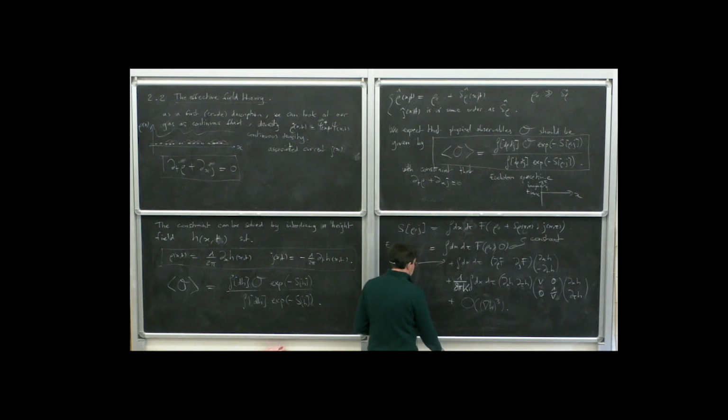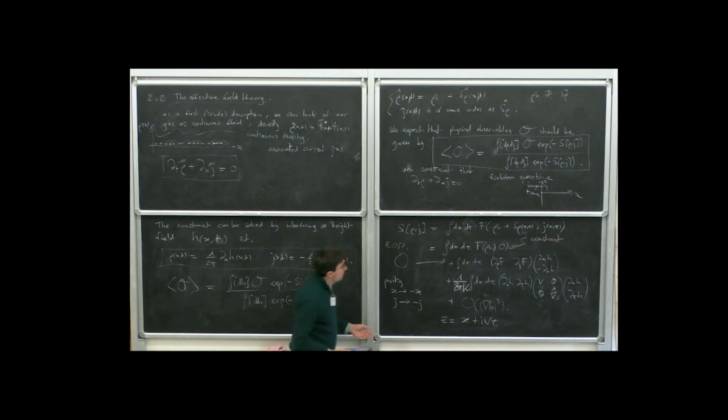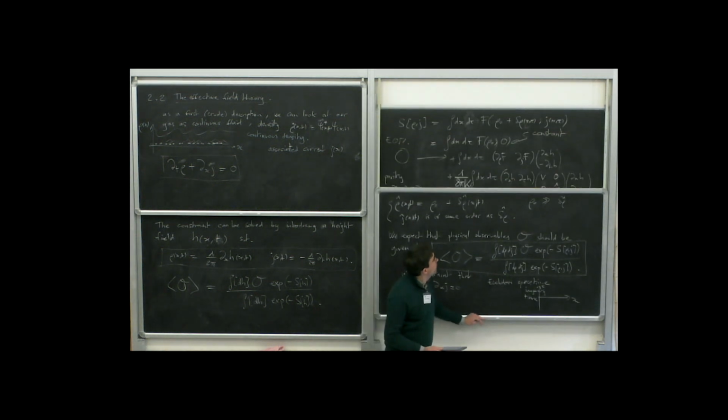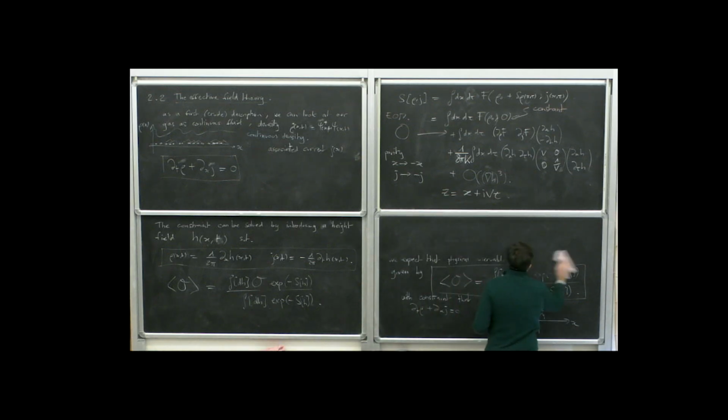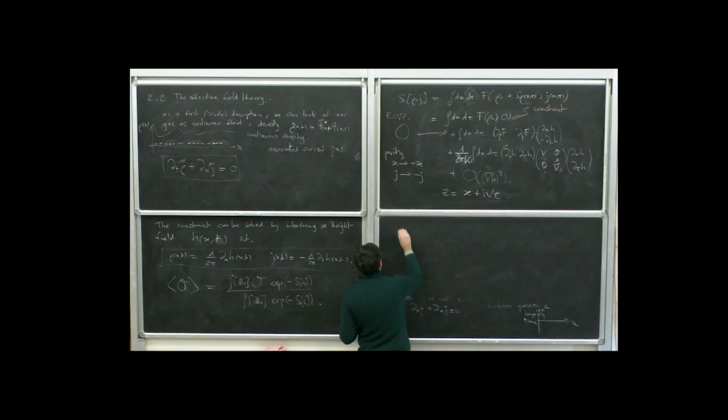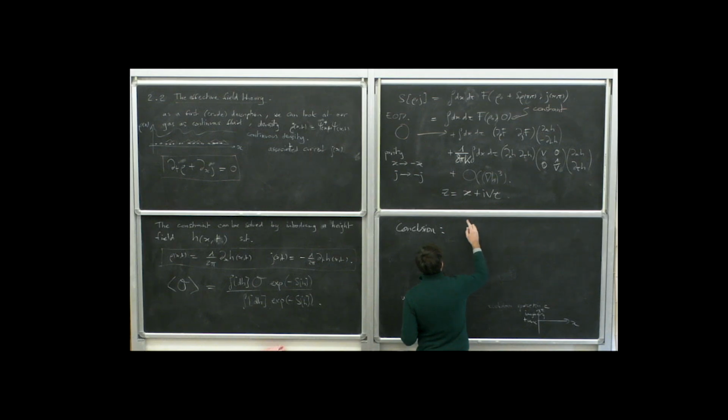And now if we just introduce complex coordinates z equals x plus i v tau, if you write this action here in terms of the complex coordinate z, we arrive at the conclusion that the action that captures the quantum fluctuations, so the action of our effective field theory, must be S equals some constant that we don't care about.